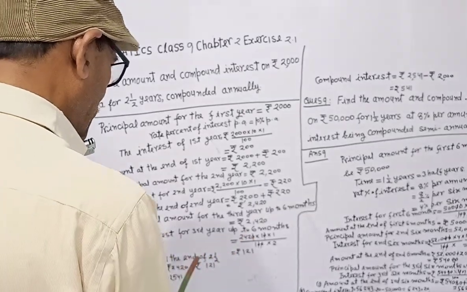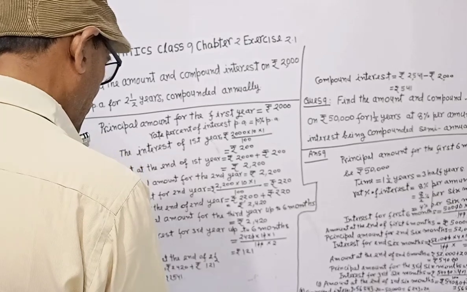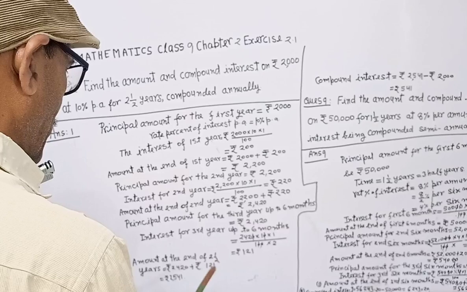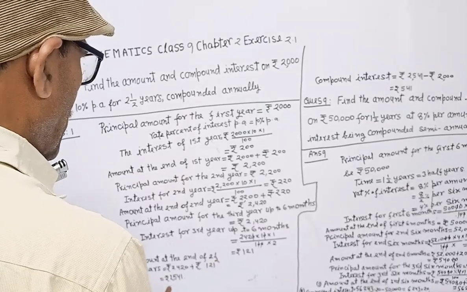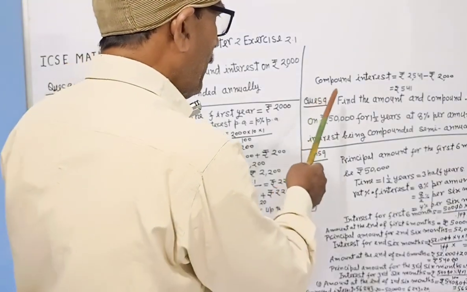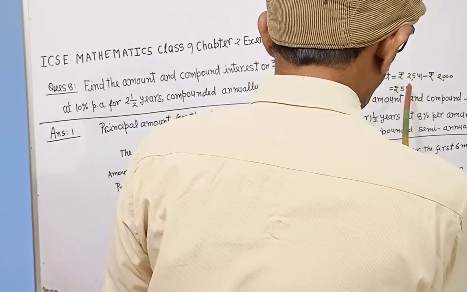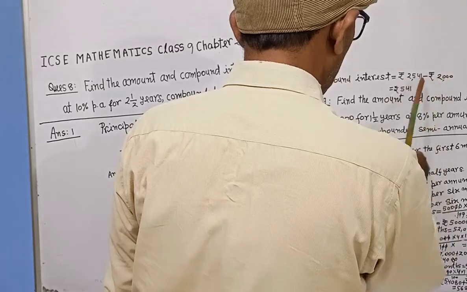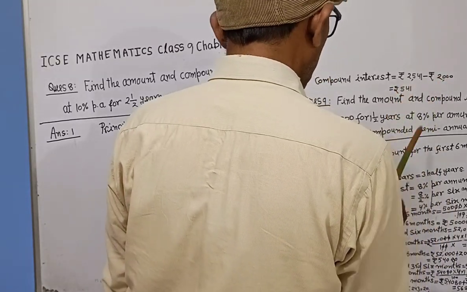Amount at the end of 2.5 years equals rupees 2420 plus rupees 121, which equals rupees 2541. Compound interest is equal to 2541 minus 2000, which equals rupees 541.